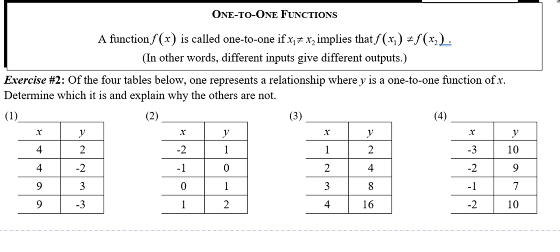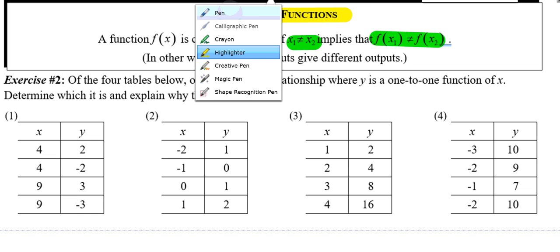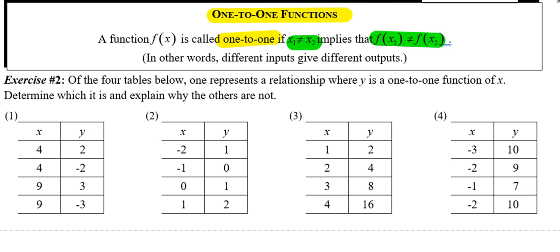Very important that we recognize one-to-one functions. A function f of x is called one-to-one if x1 does not equal x2 implies that f of x1 does not equal f of x2. So what this really means, guys, it's not super hard, just maybe the notation. It's just saying that every x has to be different.